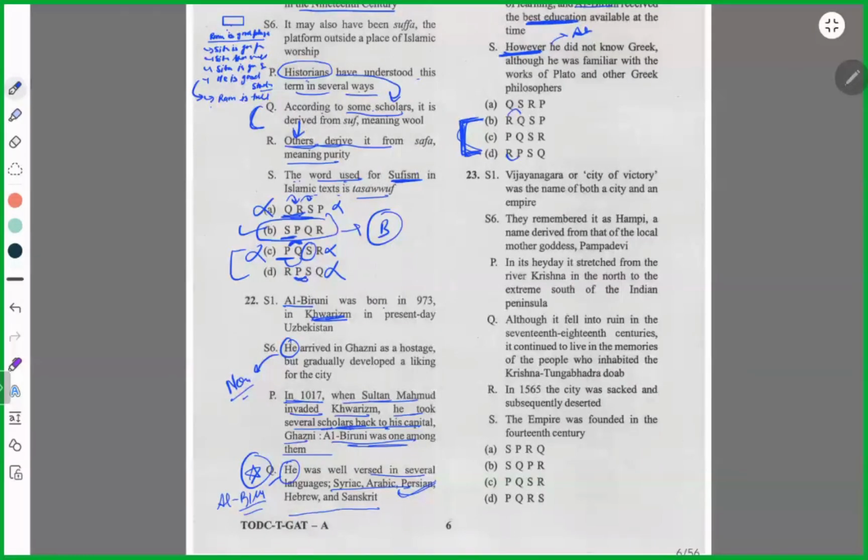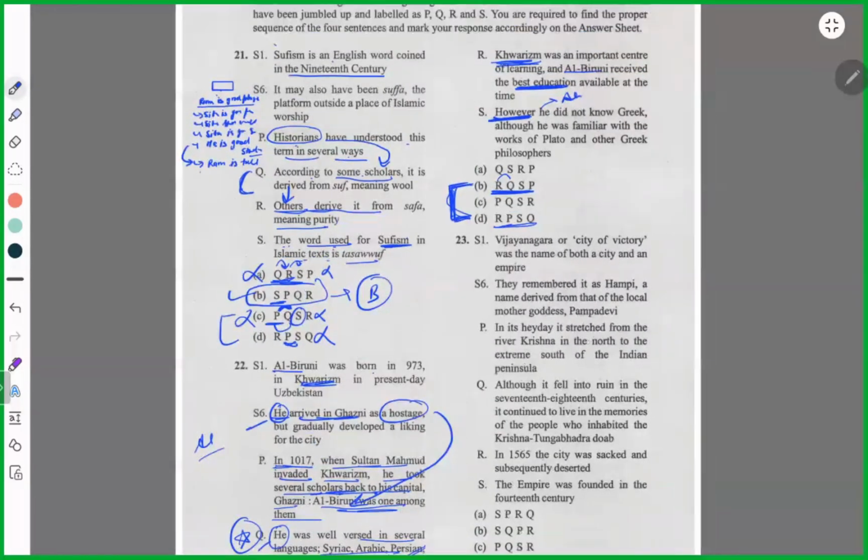Again reconnecting, and he is for Sultan Mahmud. Then he is again for Al-Biruni, because he arrived in Ghazni as a hostage, and the hostage was Al-Biruni. Got it? Now we got it more promising, but let us confirm. Even if you got the answer in the first instance, let us confirm the others and try to eliminate them.